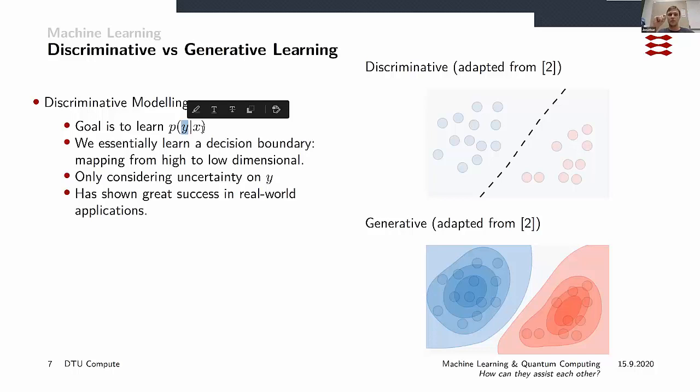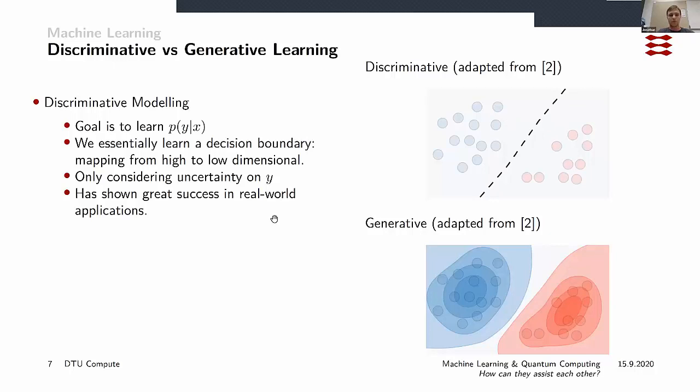So we assume that the image is correct, there is no uncertainty in the image, and we want to compress that image into a 0 or 1, to decide whether it's a cat or a dog. That corresponds to having some data points over here which are cats and some over here which are dogs. Through discriminative modeling, we learn this decision boundary where we distinguish between cats and dogs.